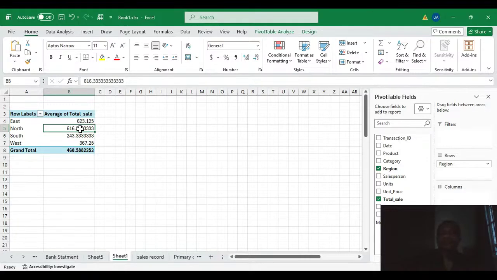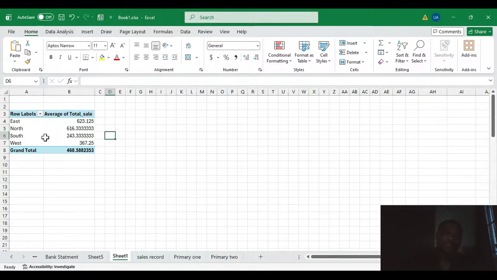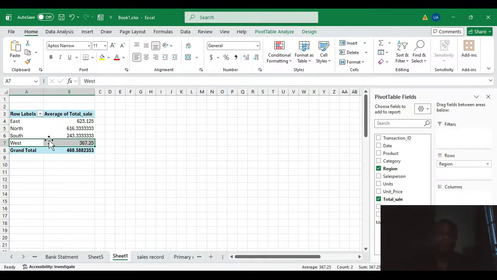Now, what does this mean? When I talk about average, what does it really mean? What this is saying is that there's a specific amount that is more like the center amount, and many people buy products around that amount.